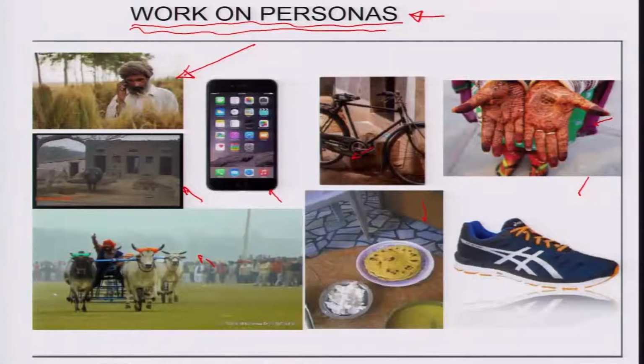So, the job here is that the teams that you have developed in the earlier stage should get together, look at this picture and not go forward on the video, and try to generate a story behind this person. In our case, some of the students interpreted this poor guy here as a farmer who manages to have a cell phone, barely gets to eat whatever basic food is available, and does not have a very good lifestyle because he has a broken cycle, as you can see here in his home.